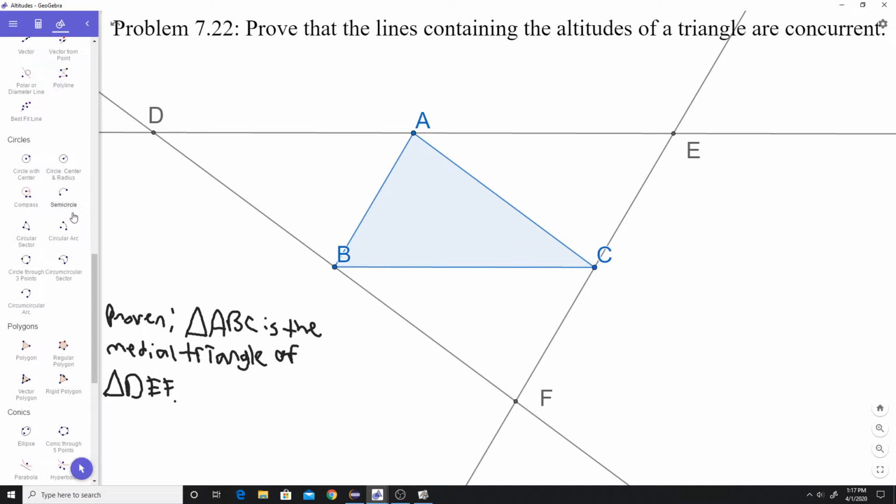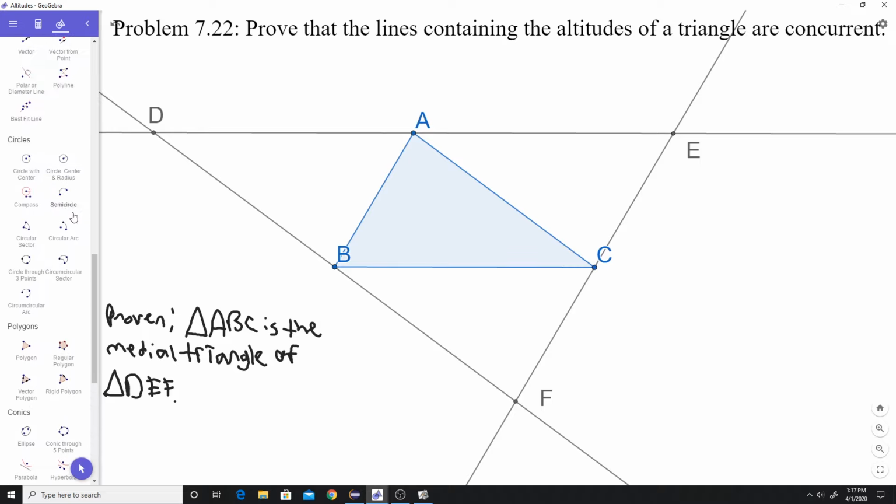And notice that this perpendicular bisector of DE passes through A. And because of that, and because of the fact that it's perpendicular, it makes this 90-degree angle with DE. But DE and BC are parallel, which means that corresponding angles are the same. So that means this angle is also 90 degrees. So that means the same perpendicular bisector of DE is the altitude from A to BC.